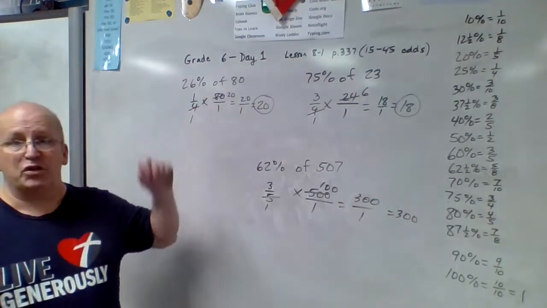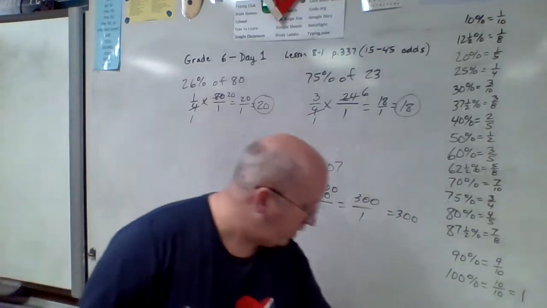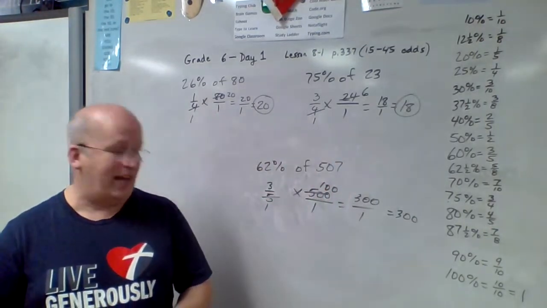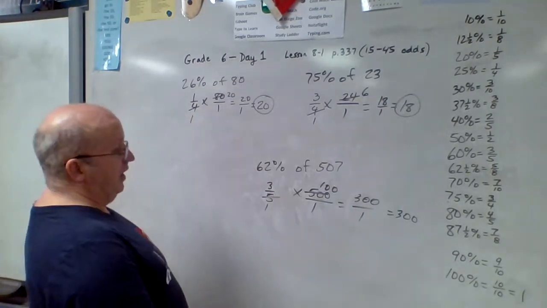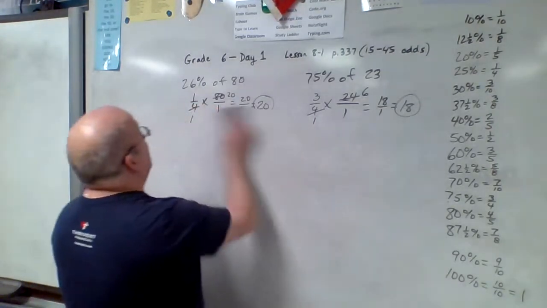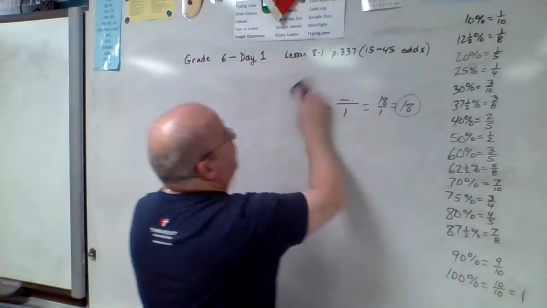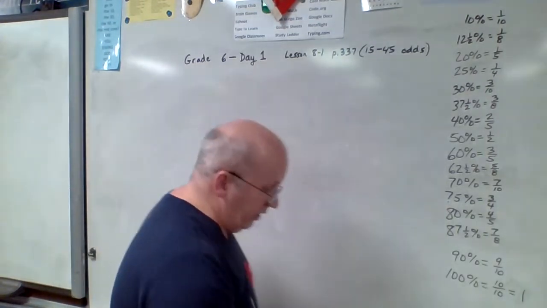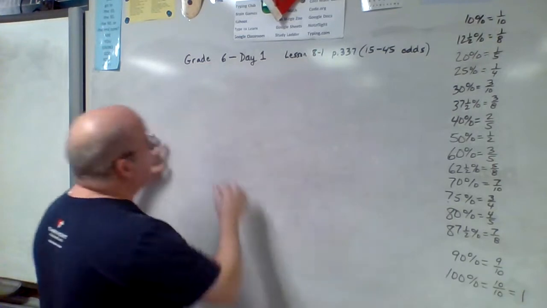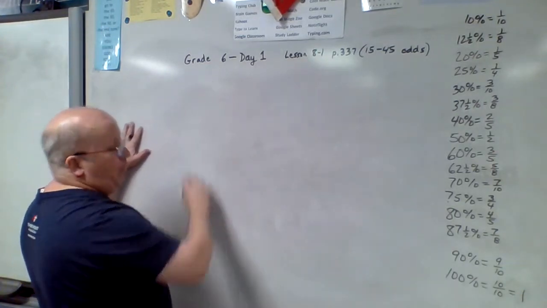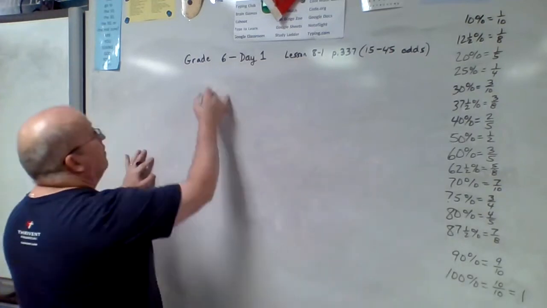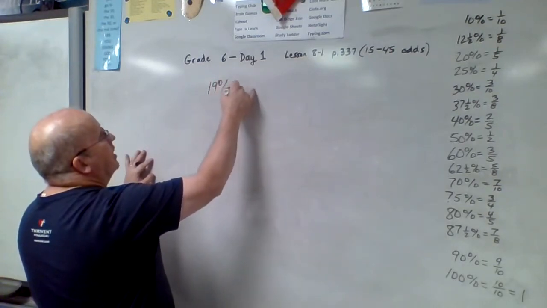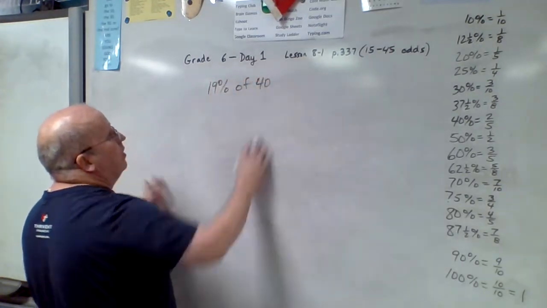So these are the first types of problems that you're going to be facing using fractions to estimate, bottom of 334. The next type of problem is on the top of 335, and it's estimating by using 10%. And the first problem, that's a green dot problem on the top of 335, is 19% of 40.